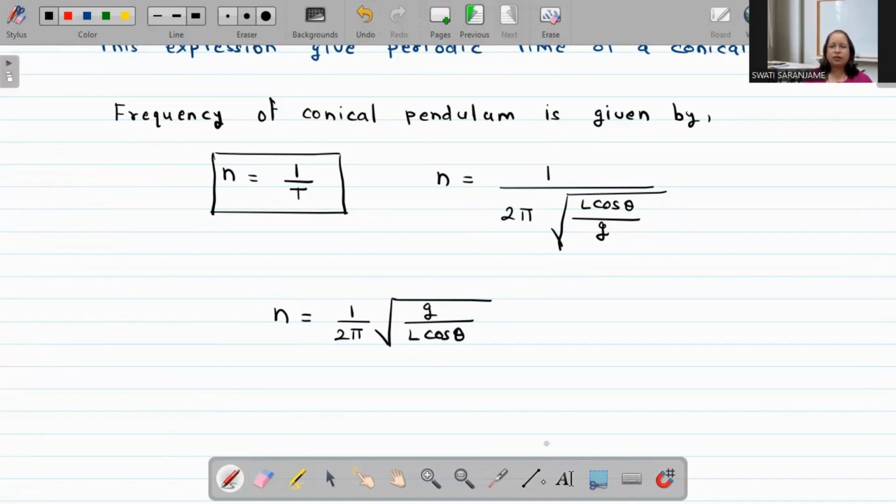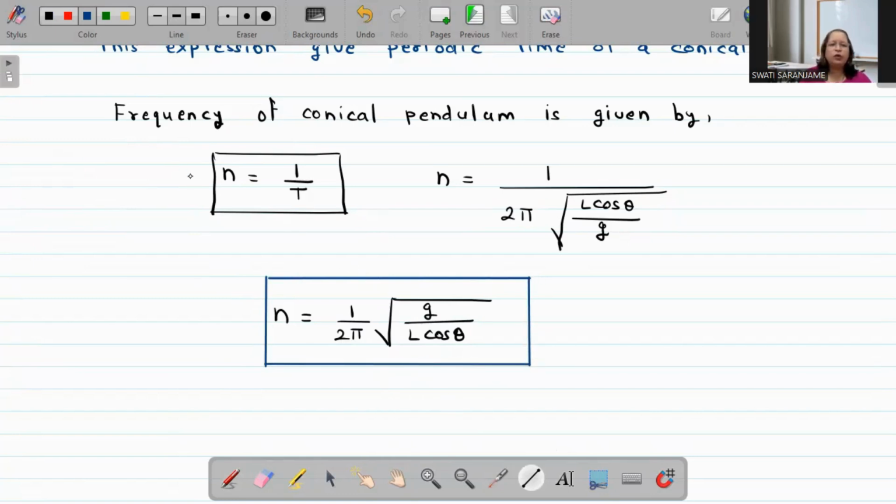Box this equation as it is an important one. So for frequency of conical pendulum, you have two expressions. One is this direct value: if T is given, we can simply use 1 by T. If not, and L, theta and g are given, we can use this expression.